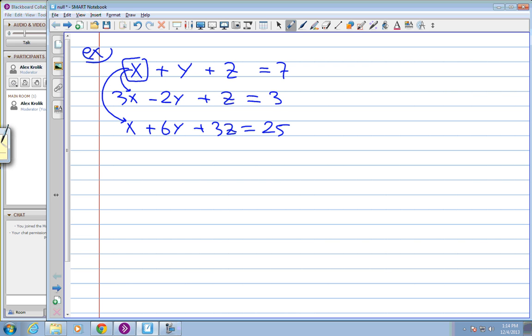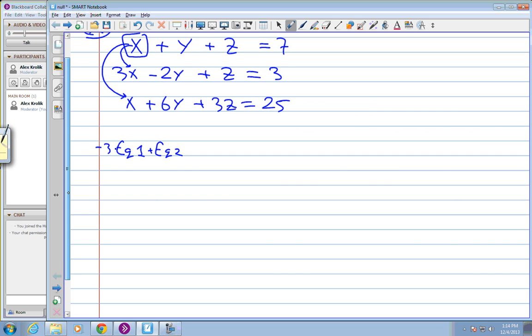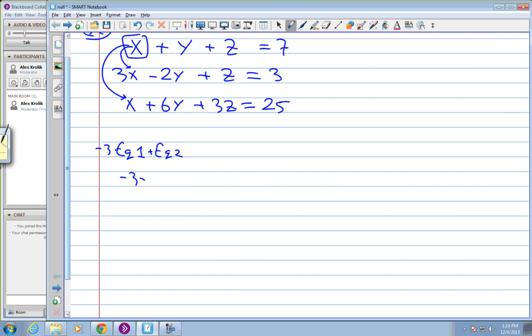But anyway, the way we're going to do that, we'll just multiply the first equation by -3, and add it to the second equation. So that is -3x minus 3y minus 3z equals -21, added together with 3x minus 2y plus z equals 3.